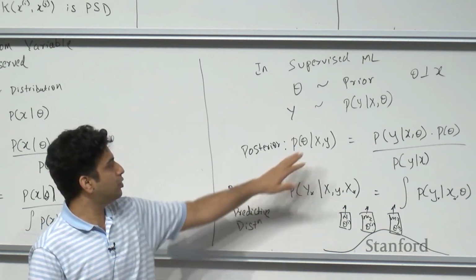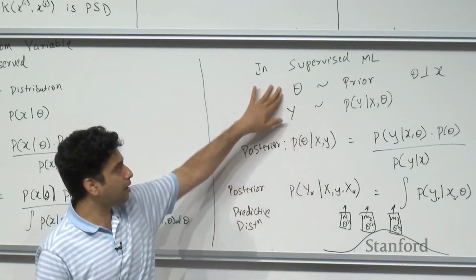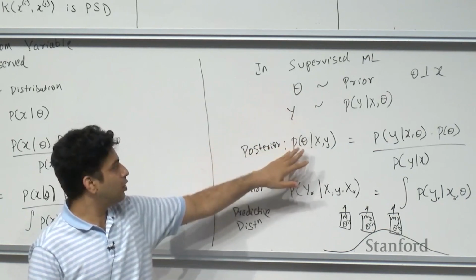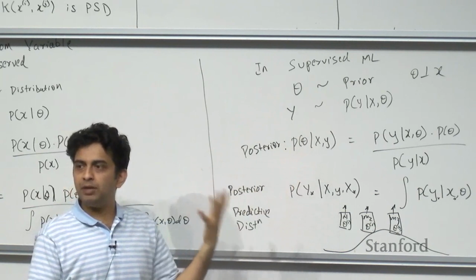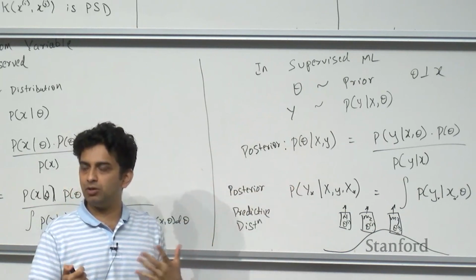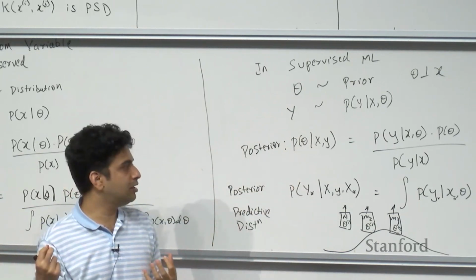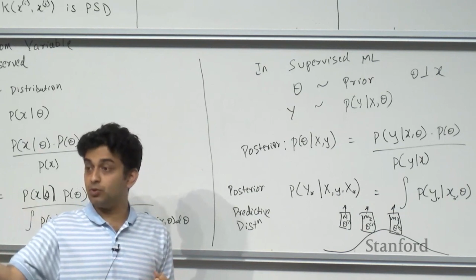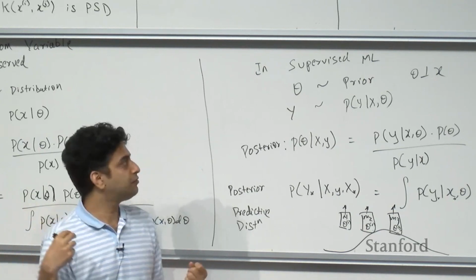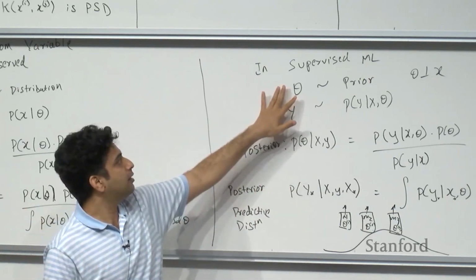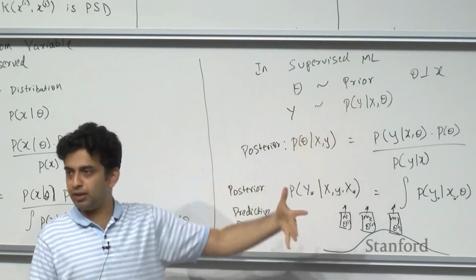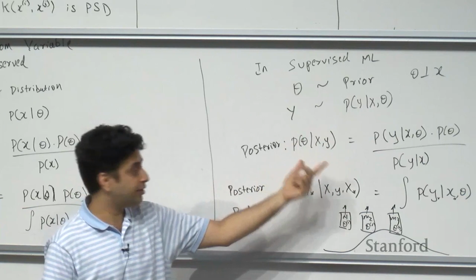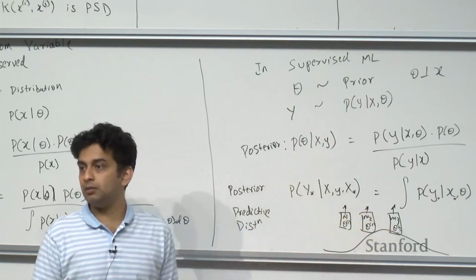Exactly. So the choice of our prior is going to determine what our posterior distribution is going to be, right? And in a way, Bayesian methods are subjective because they take this subjective element of the person who is modeling. If the person who is modeling believes that theta comes from a prior distribution that is Gaussian, then you get some posterior distribution, and therefore you make some kind of prediction.